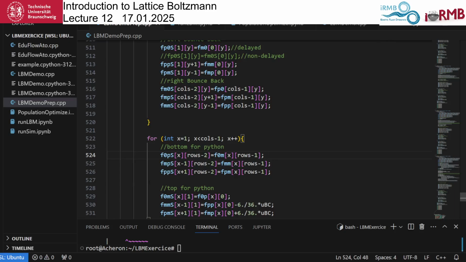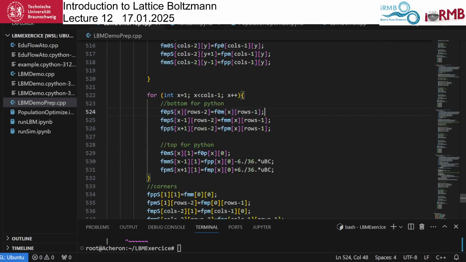So the error that we had here was in the boundary condition, this is why it happened all the time. Yeah, so when we wrote the bottom layer, and we wanted to do the bounce back, then it should look like here in the top layer that the bounce back should go from FMM or from FPP to its opposing direction.